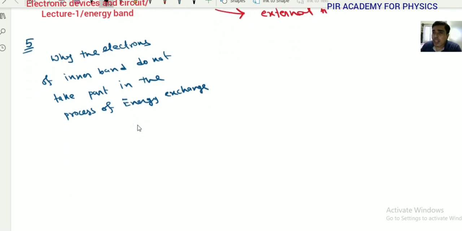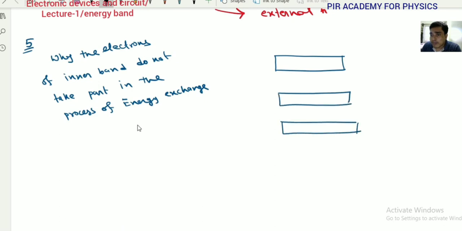Here I have already discussed the energy band of sodium. This is the energy band of sodium. This is 1s, this is 2s, this is 2p, and this is 3s, okay.